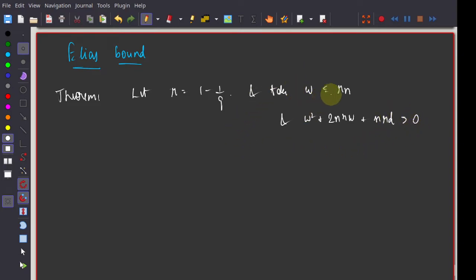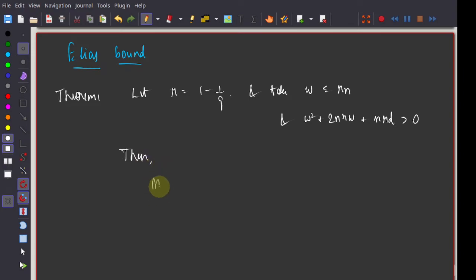I'm going to pick a w which satisfies these two constraints: w less than or equal to r times n, 1 minus 1 by q times n, and w square minus 2nrw plus nrd greater than 0.